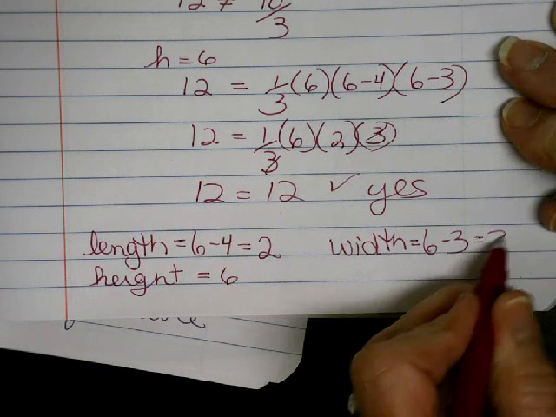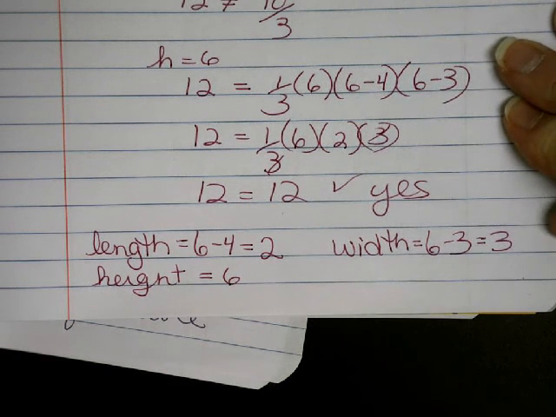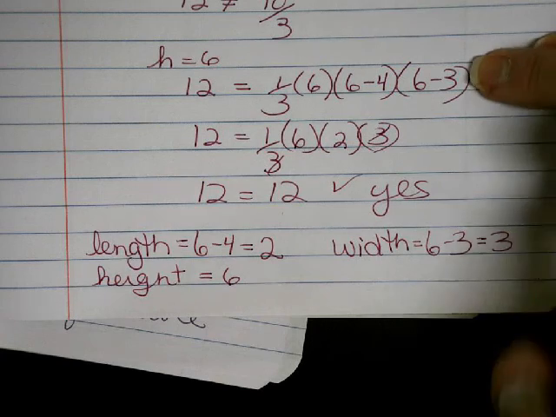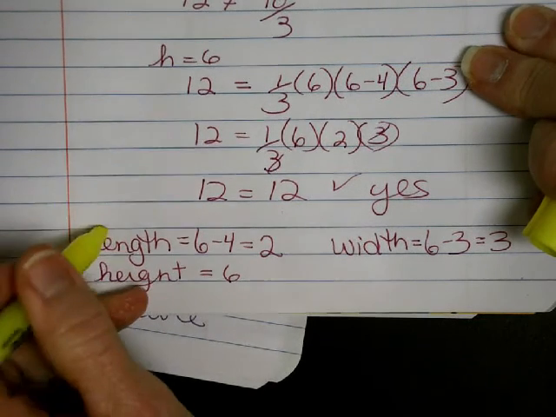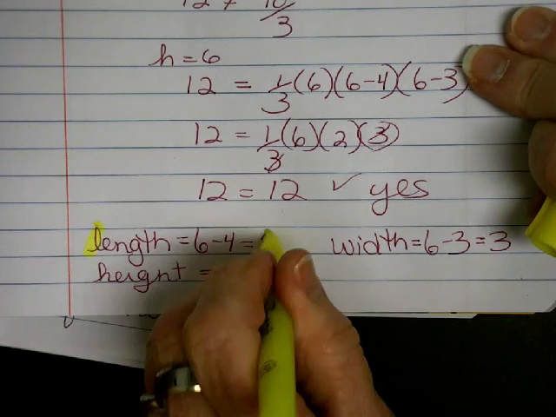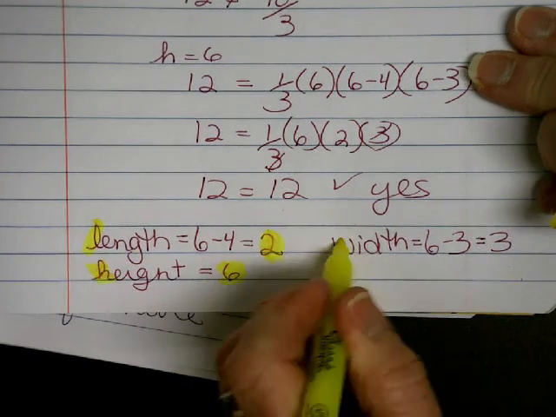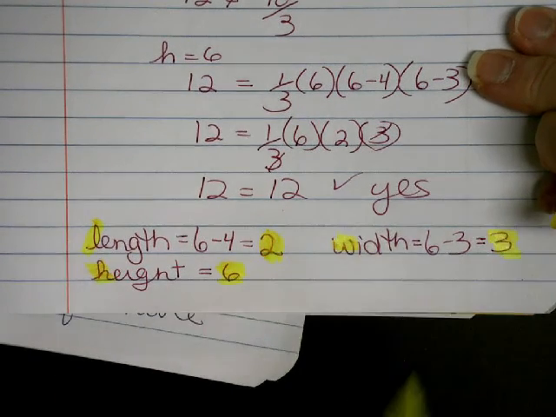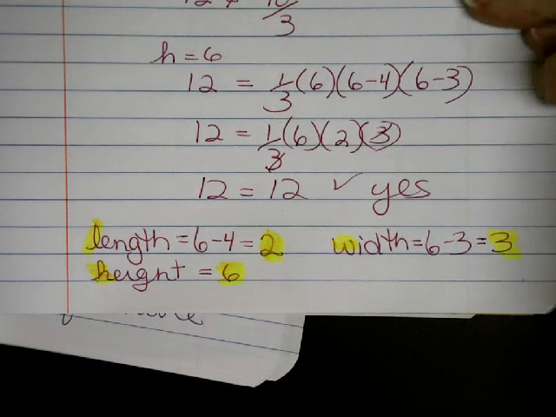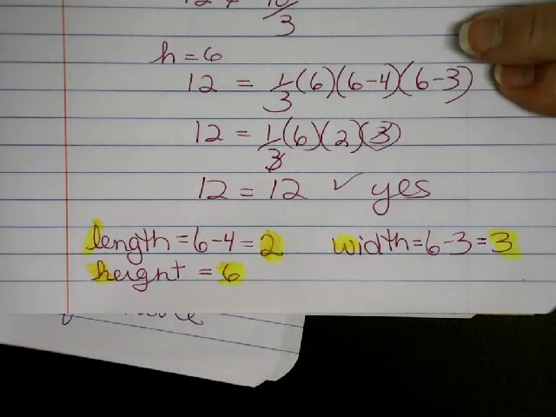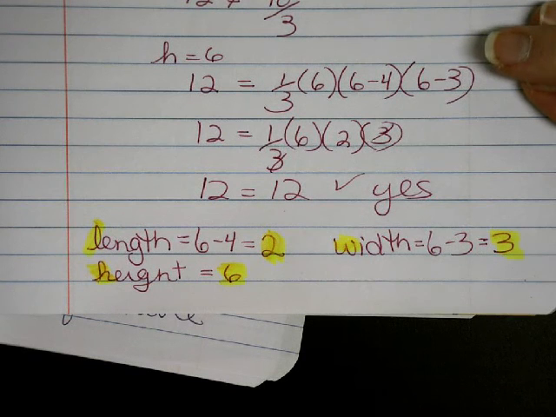And the width is 6 minus 3, which equals 3. And yours might be in a different order, so be careful. Length, height, and width. Go.